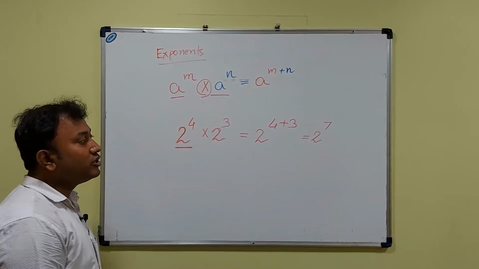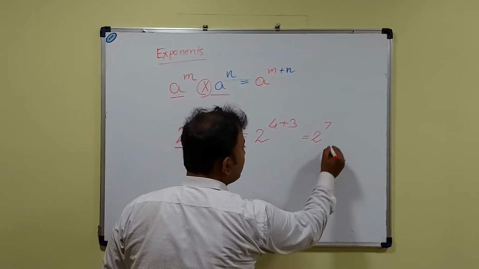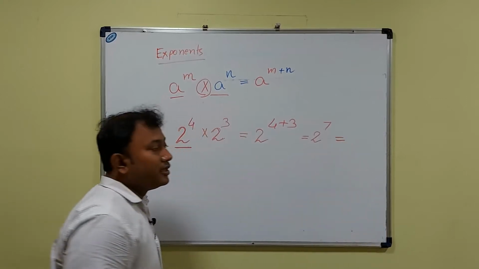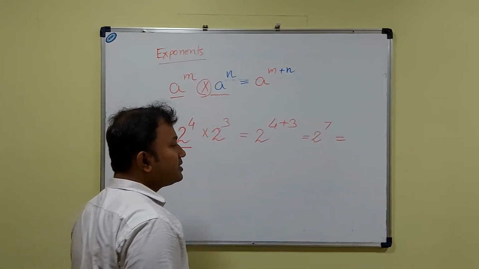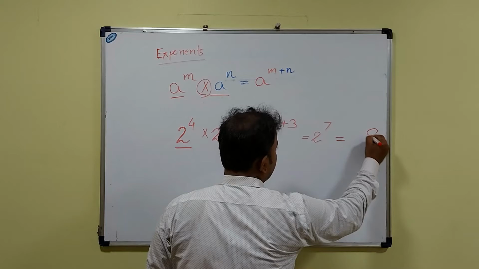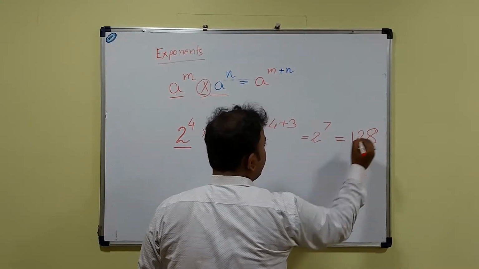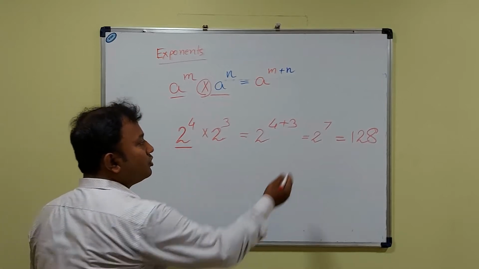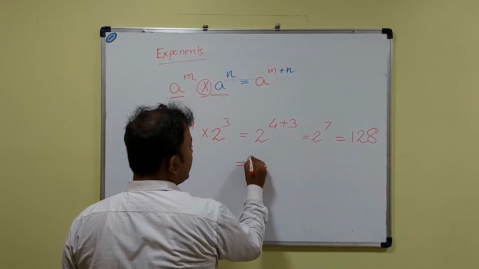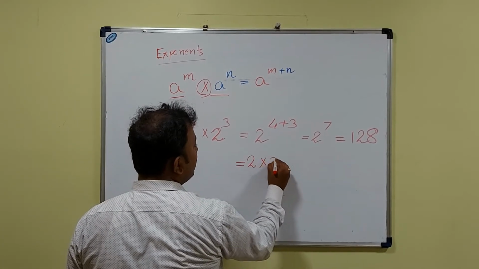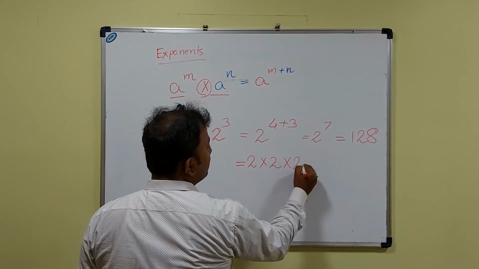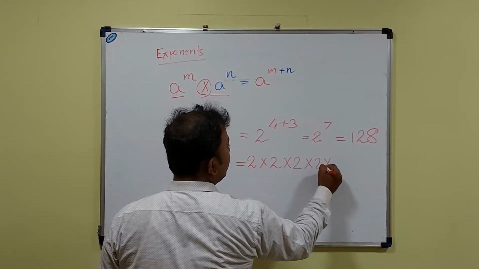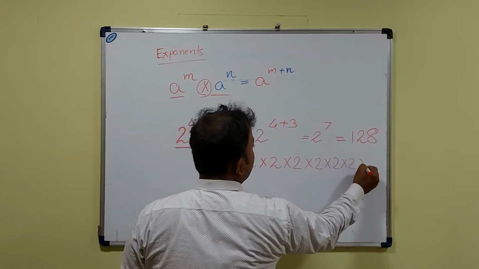Now 2 to the power 7 means we have to determine its value, which is 128. How did we come to know this? 2 to the power 7 is the product of 7 numbers of 2's.